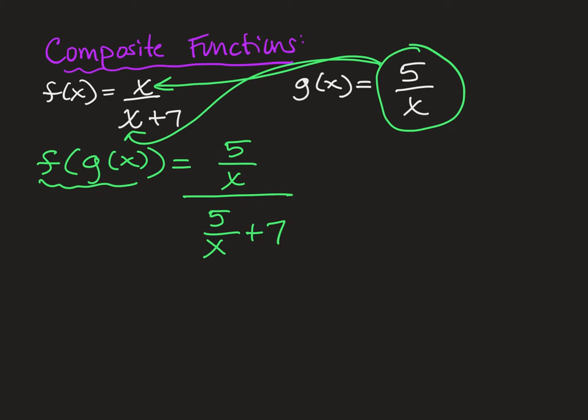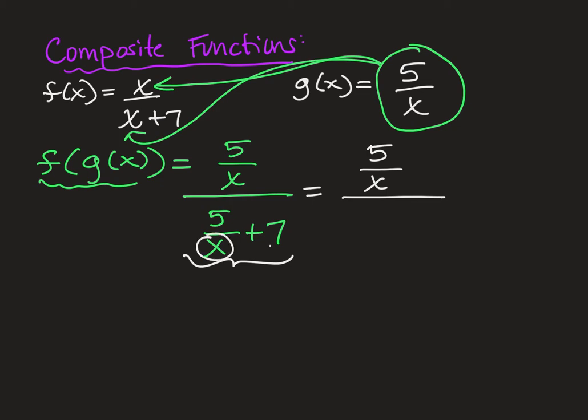So now we've got to work on the simplification part of this. So that's usually the hardest part of these. So there's really nothing I can do with the numerator for now, so we're going to leave that like that. Now the denominator, in order for me to get this to be one fraction, which I want so that I can then keep simplifying, I need a common denominator. So my denominator is going to have to be x.